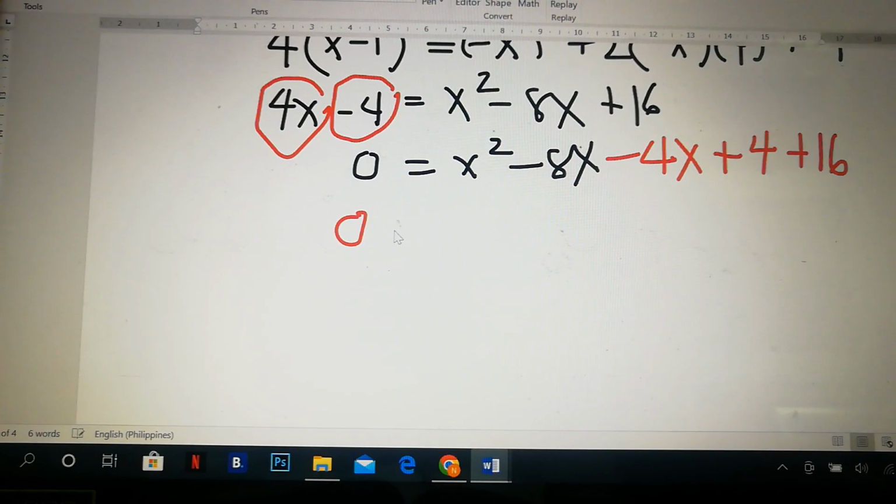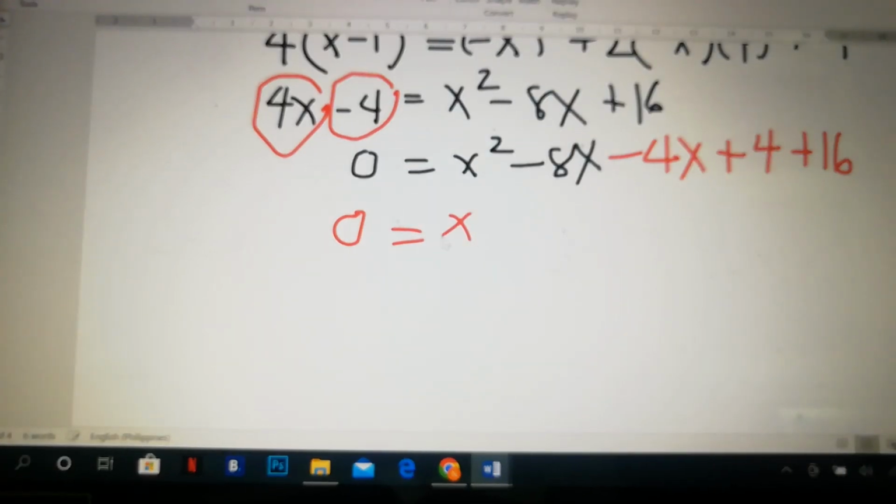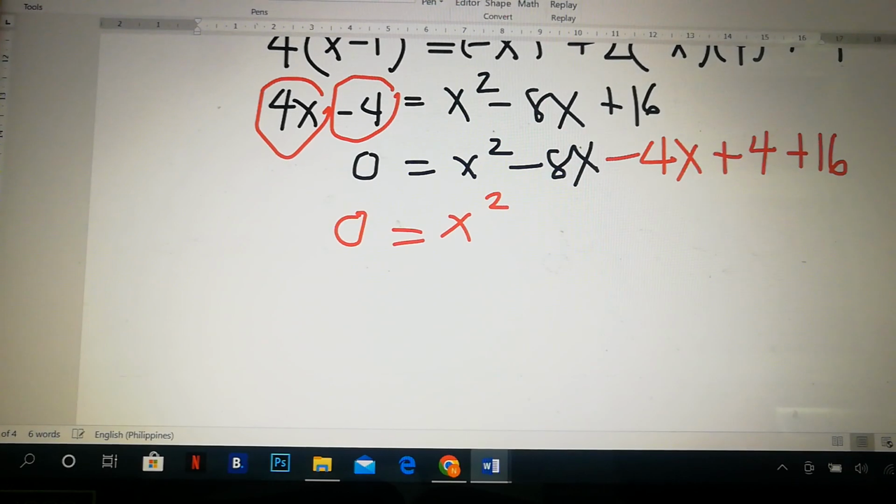So 0 is equal to x squared, combining like terms, that is negative 12x, plus 20.